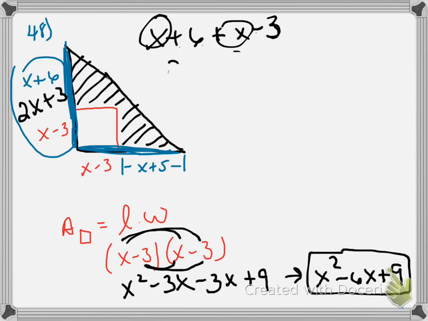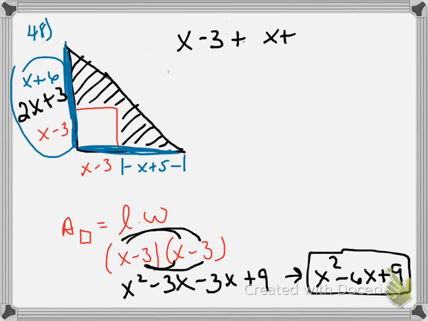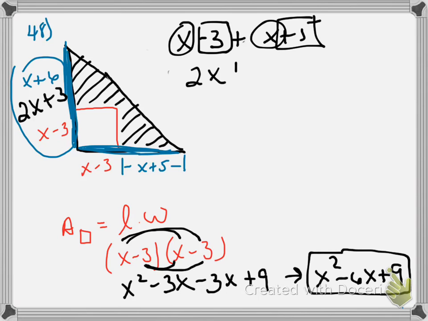Now I'm going to do the bottom part, or what we would call the base part. Same thing. I have x minus 3, and I'm going to add x plus 5. My x's are both positive, so that means it's 2x. And then I have a minus 3 and a plus 5. That gives me a plus 2. So this whole thing here is 2x plus 2.